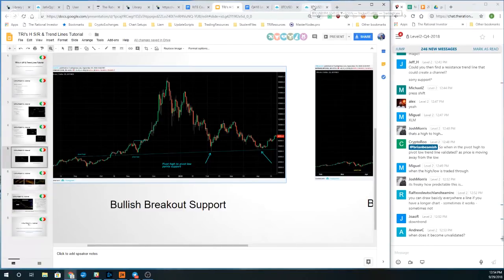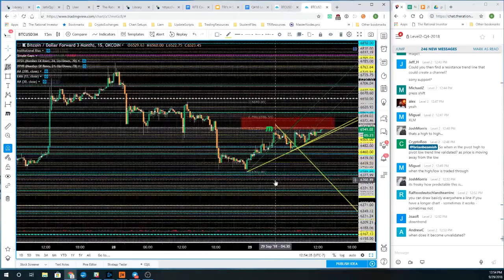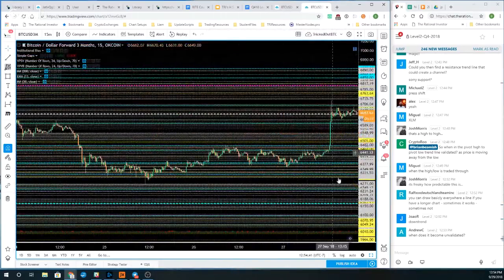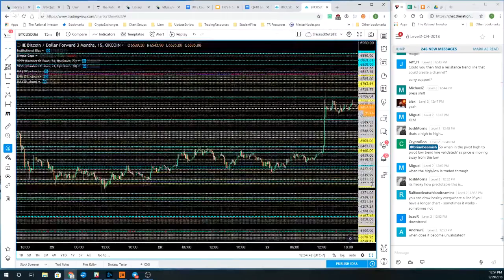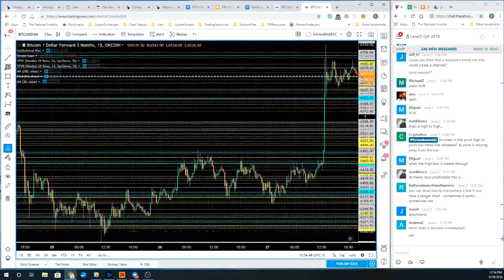Let's see, maybe we can do it off of these lower time frames. Let's see if we can find one here just off the lower time frame. I don't want to lock the scale now. Let's go.